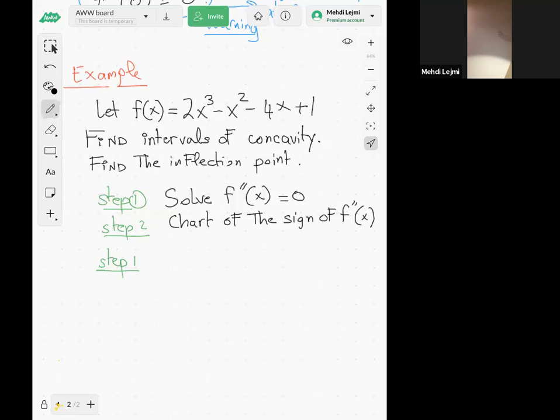So step 1, I have to compute f second and solve f second of x equal to 0. First, I compute f prime. That'll be 6x squared minus 2x minus 4. And then f second is 12x minus 2.